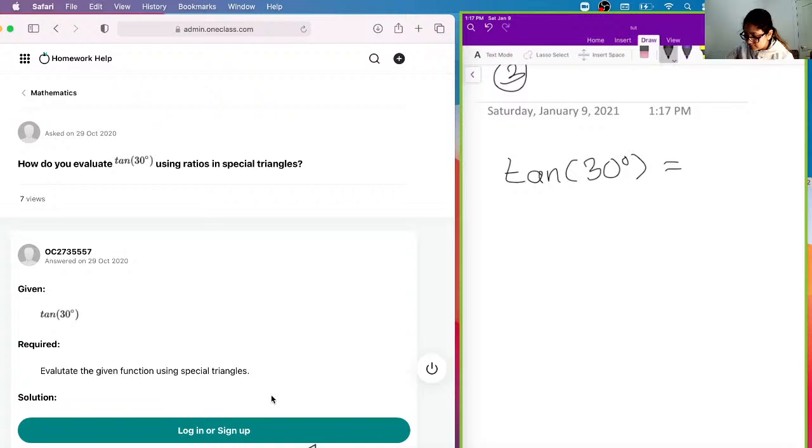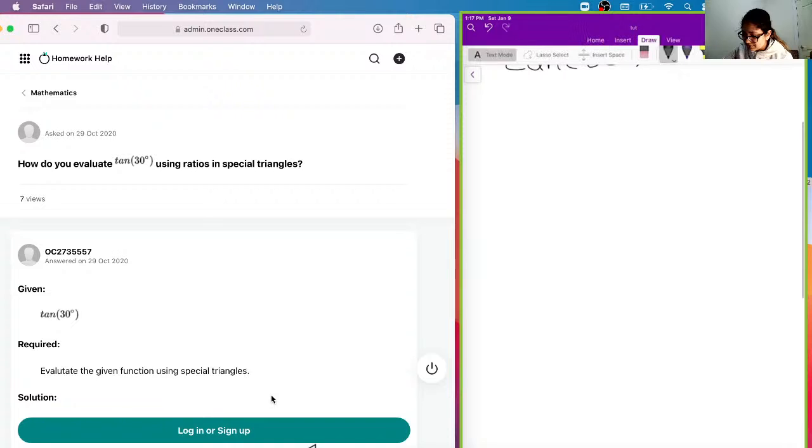So we're trying to find what tan of 30 degrees is equal to. We're first going to draw a special triangle. You could probably guess that our angles would be 30 and 60, because we're using the angle 30 degrees.